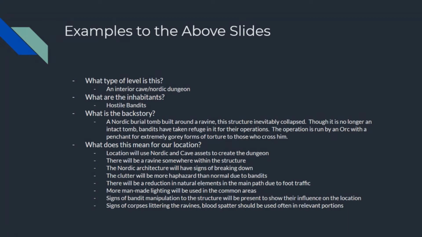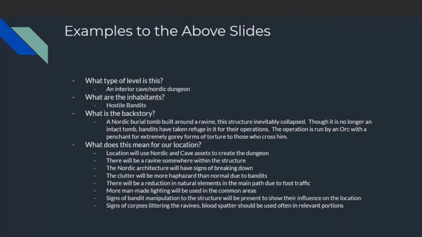Due to the foot traffic, the main path you're going to be going through would not have much natural elements, because most natural elements would have been stomped out and broken apart, and you'd probably see a lot more natural portions on the sidelines.